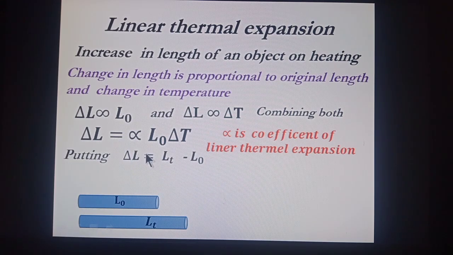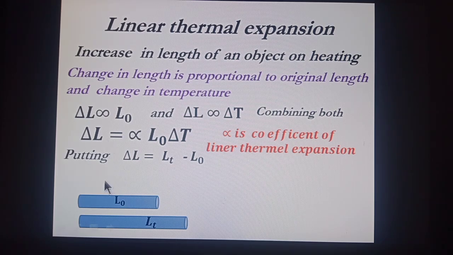This change in length is equal to final length at higher temperature T, LT, minus length at 0 degree, L naught. So longer length minus shorter length will give you the change in length, or you can say final length minus initial length, or length after heating minus length before heating. This will give you the increase in the length.